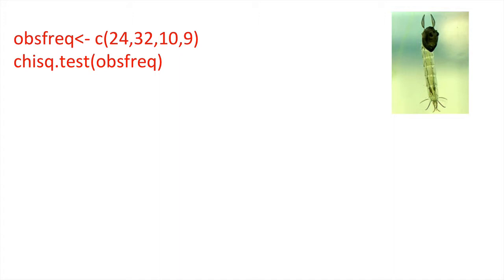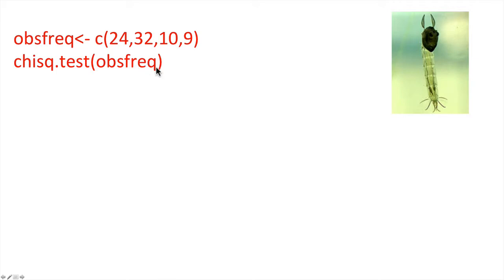Here are our observed frequencies, 24, 32, 10 and 9. And it really couldn't be simpler. In R we simply say chisq.test, and the default is a test for homogeneous distribution of underlying frequencies. These are our observations of the sample.